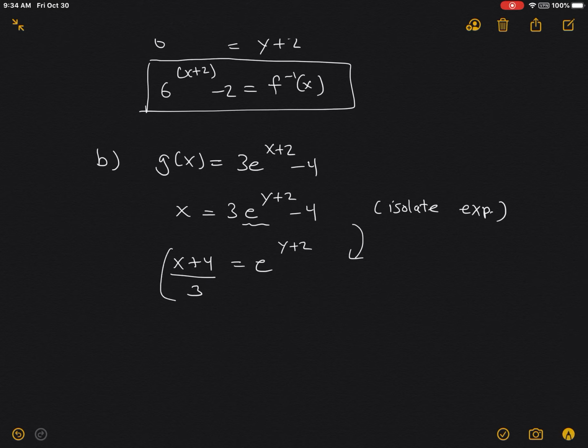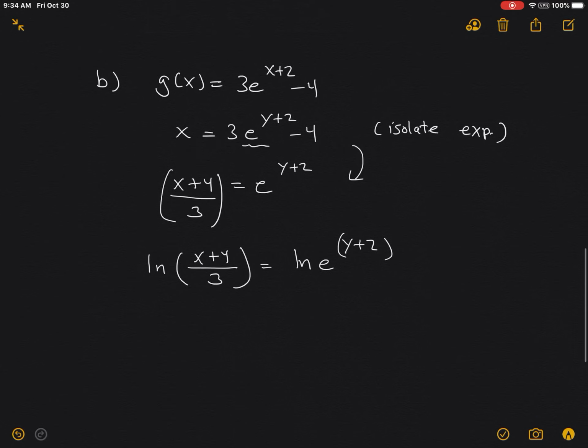All right, now, key step right here is to treat the left side as a single term. In other words, put that in parentheses. And to get y by itself, instead of exponentiating like the previous problem, this is already exponential form, what you want to do is take the ln of both sides. Take the ln of both sides because I want to get y by itself. Whatever you do to the right, you do to the left.